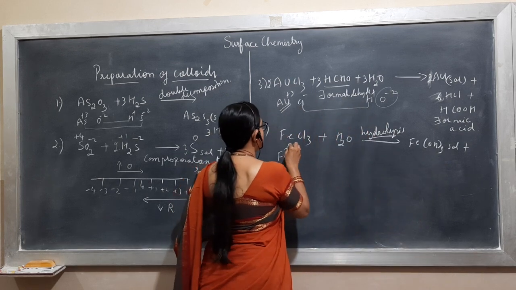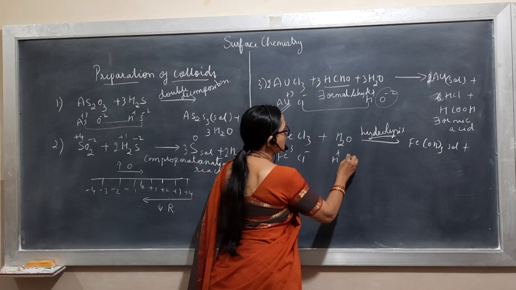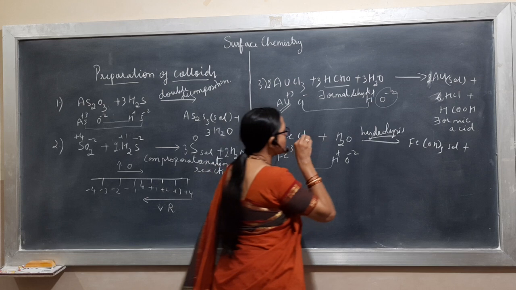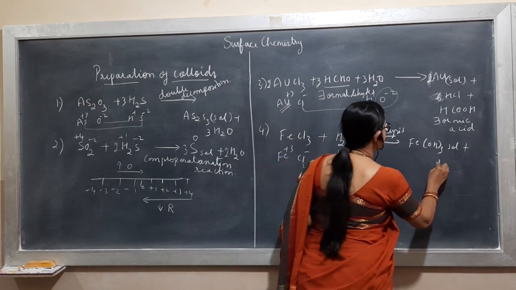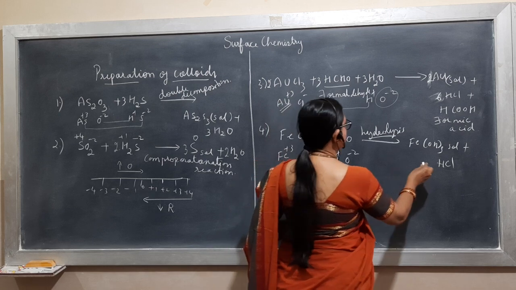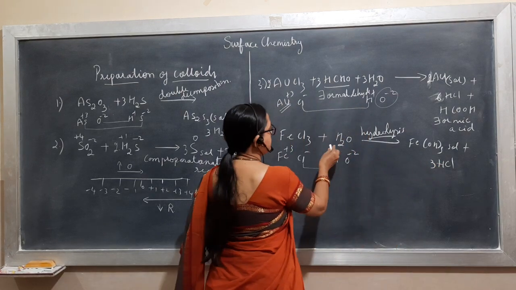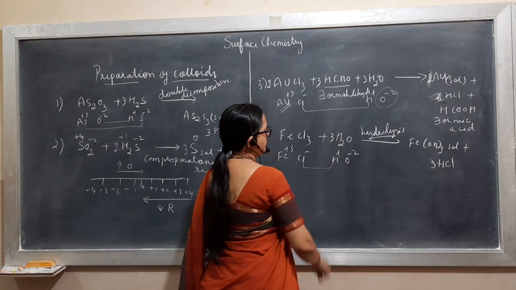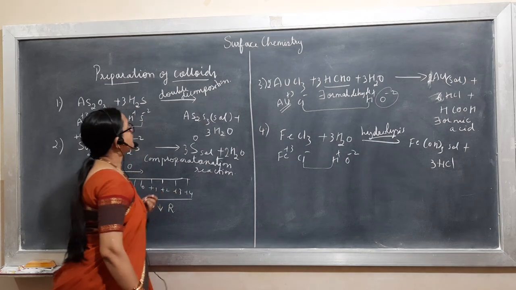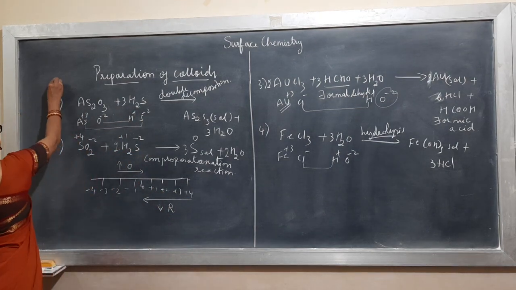Fe splits into Fe3+, here Cl minus, here H plus, and here O minus 2. Plus and minus combine here. So HCl is formed. So this is an example of preparation of colloids by chemical method.